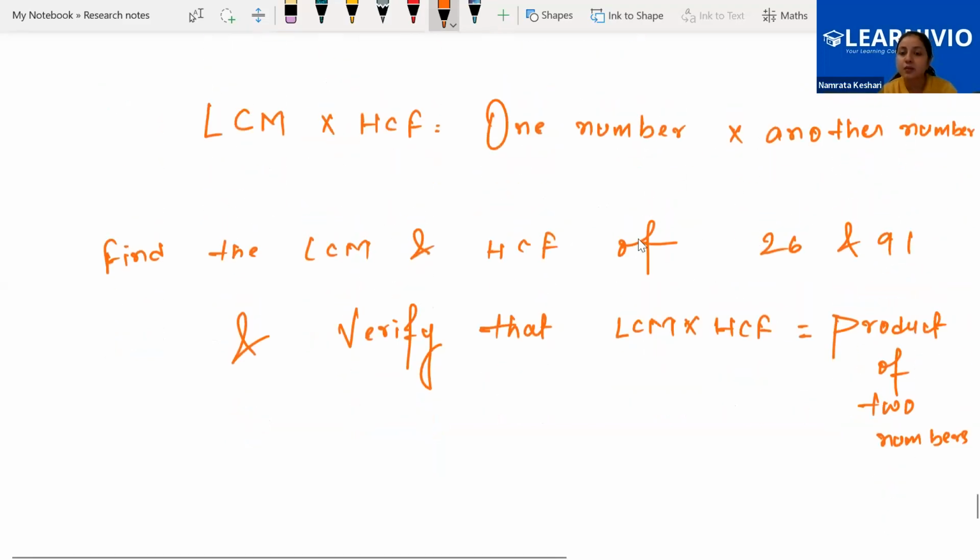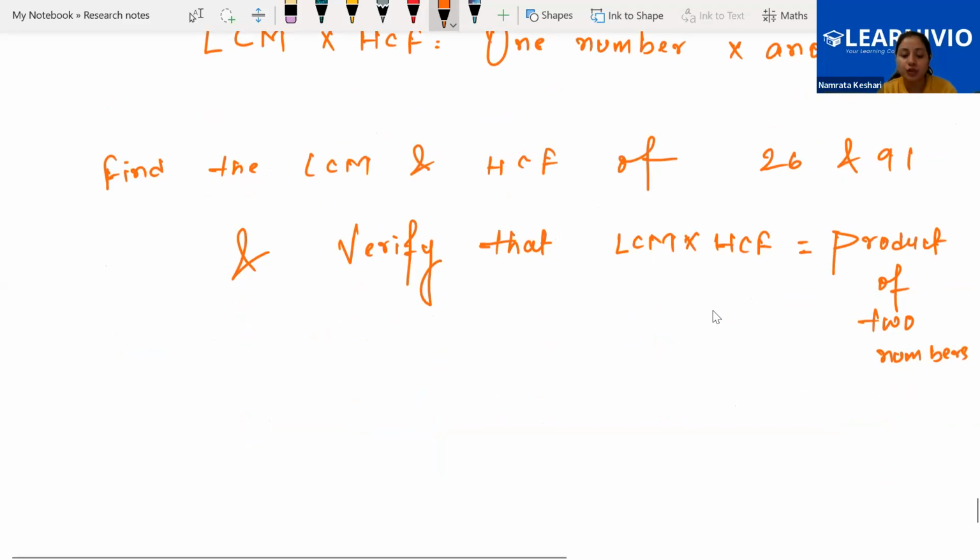Please find the LCM and HCF at first, then we will be doing the verification. That is, is it true that LCM into HCF is equals to product of two numbers? Please do it. Find the LCM and HCF of the given numbers, that is 26 and 91.